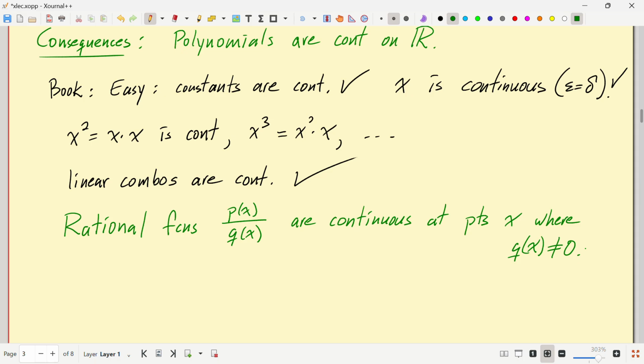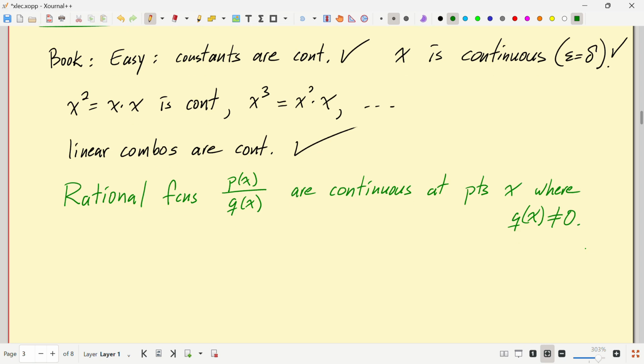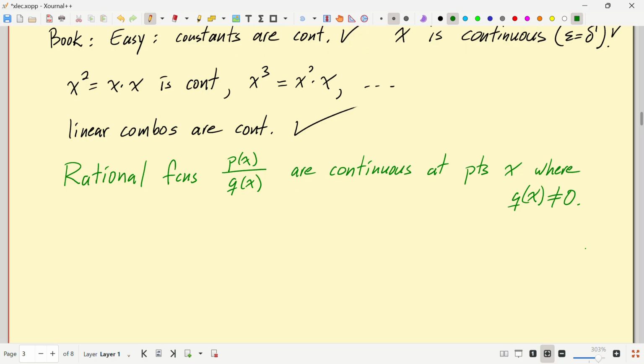A fantastic thing is that sometimes when the q of x vanishes, maybe the p of x vanishes too. And then you can say, maybe we can make it continuous by giving it the proper value at places where it's not defined. And in fact, that's exactly what we do in the difference quotient business.